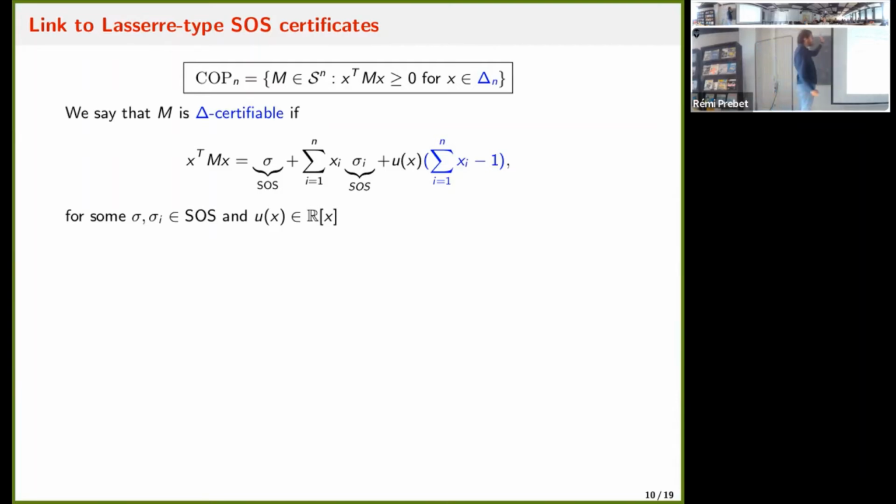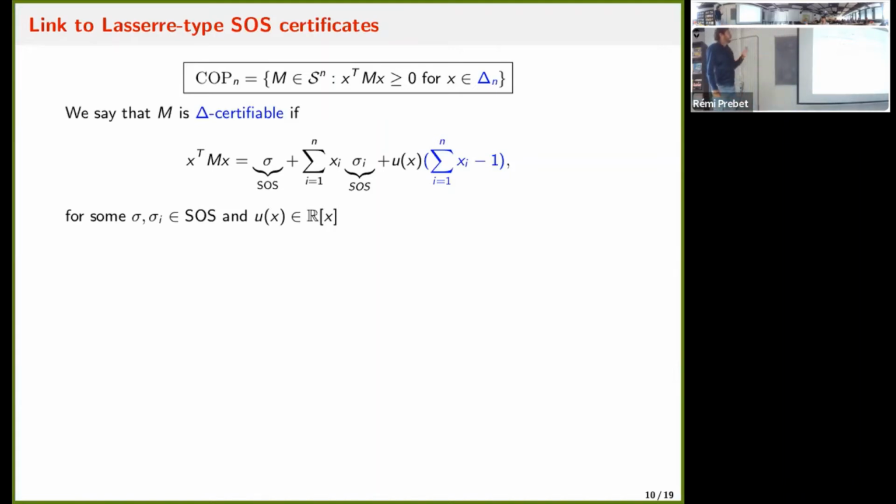And we say that the matrix M is delta certifiable if we can write x transpose Mx in the following way: a sum of squares, plus a sum of x_i sigma_i, where sigma_i is a sum of squares, plus a multiple of the polynomial for the ideal constraint of the simplex. So just a multiple of the sum of the variables minus 1.